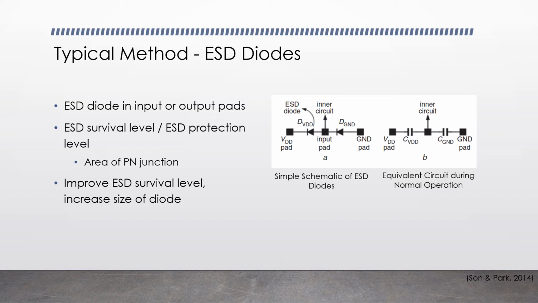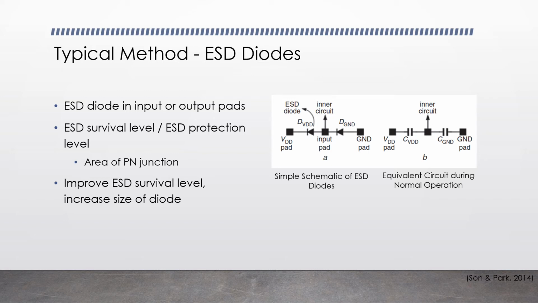If an ESD event with a positive polarity occurs at the signal pad, the DVDD located between the VDD and the signal pad will shunt the ESD current in order to protect the inner circuit.